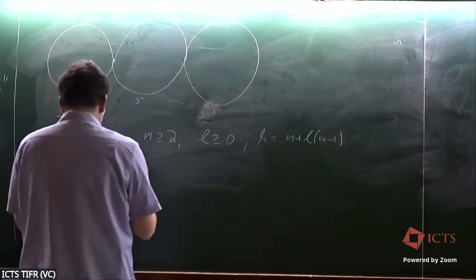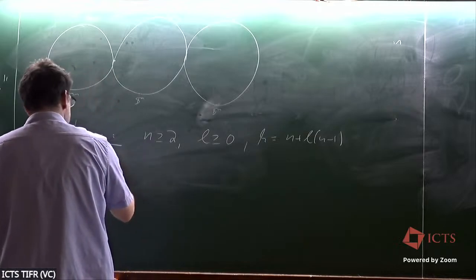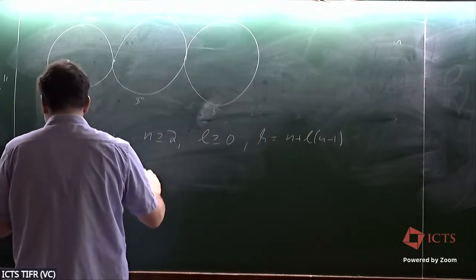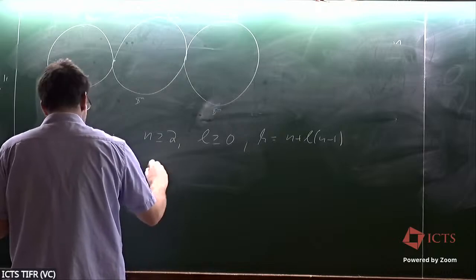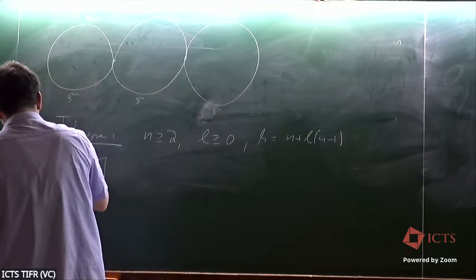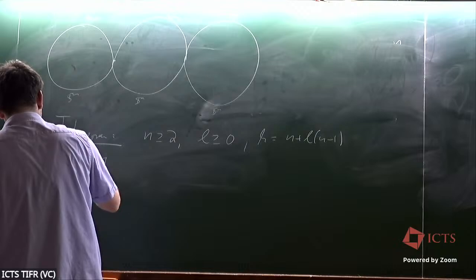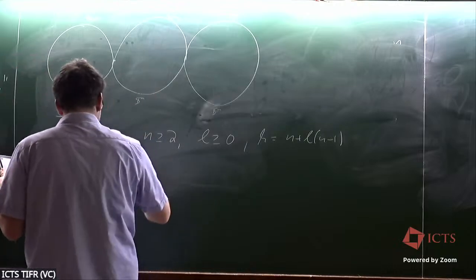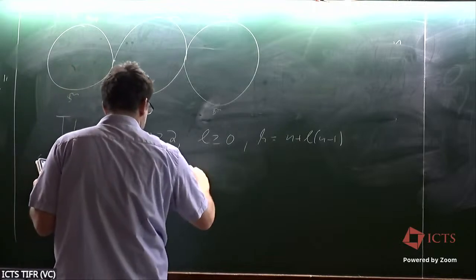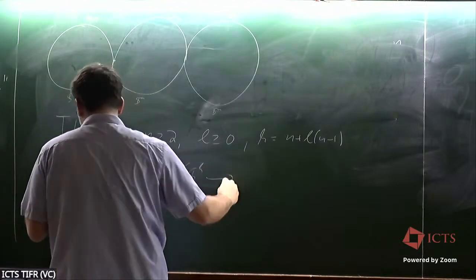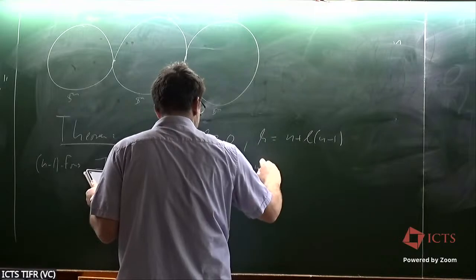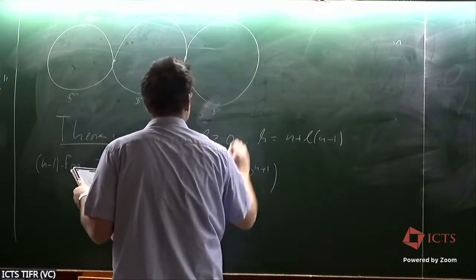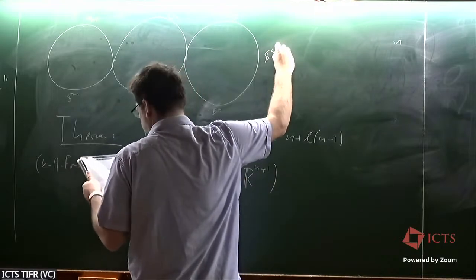So they exist, n minus 1 forms. These are these omega i's, and a map which is smooth from S^k into R^{n+1}, because these are S^n.